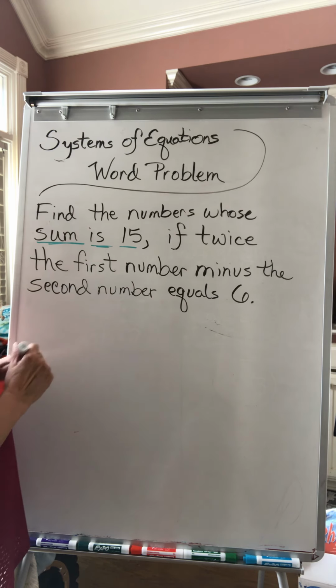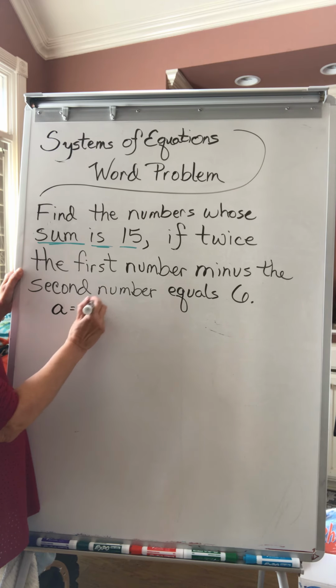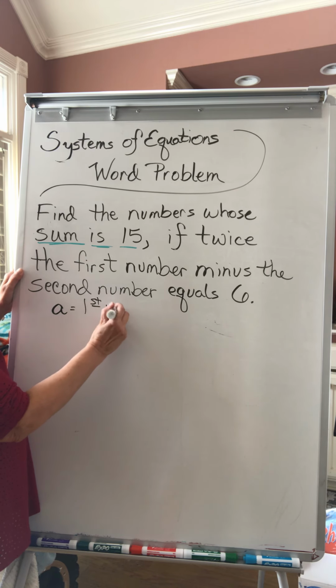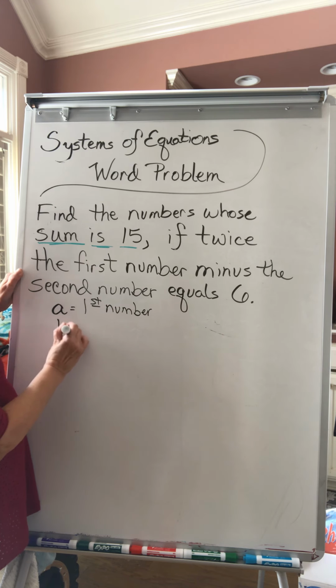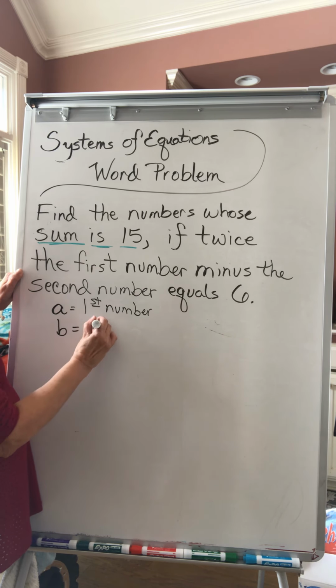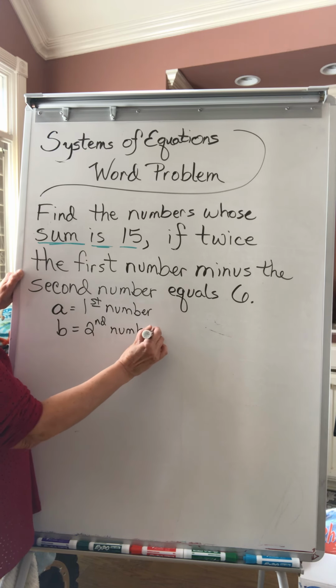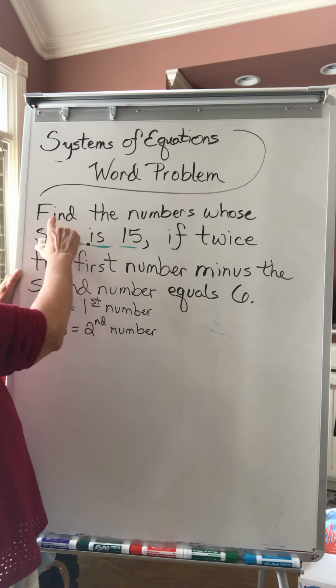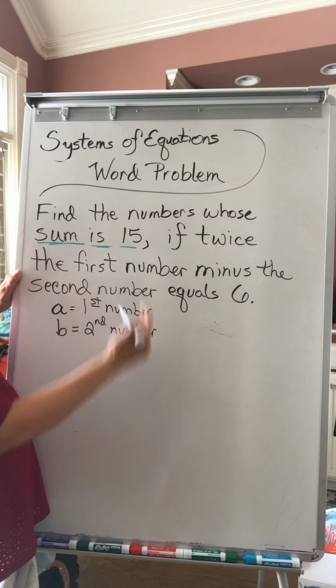So there's two numbers we're looking for. So let's let A be our first number. And let's let B equal our second number. Okay, so the two numbers whose sum is 15.